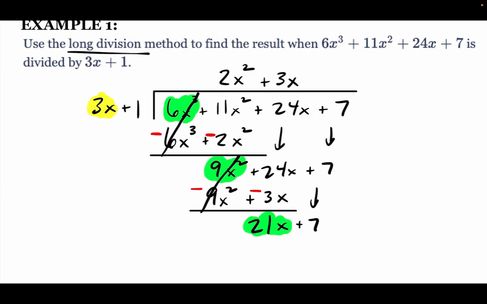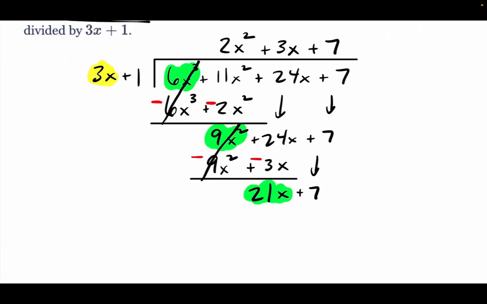Matching game. How do I make the yellow into the green? Just a 7, right? Just a 7. No x's, just a 7. Plus 7. 7 times 3x, 21x, right?